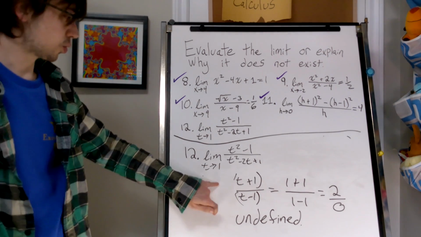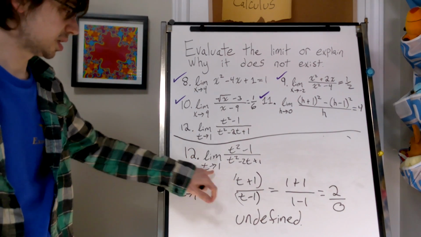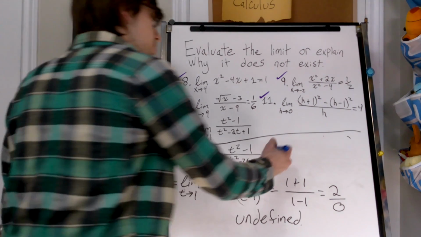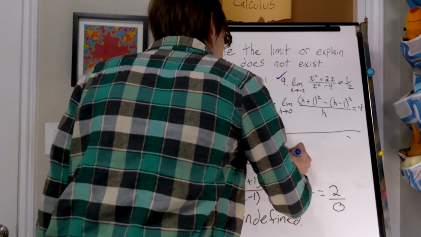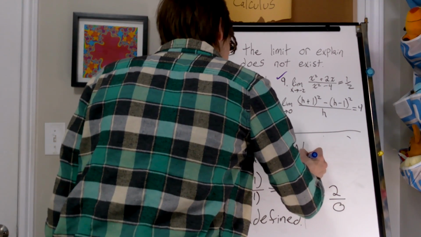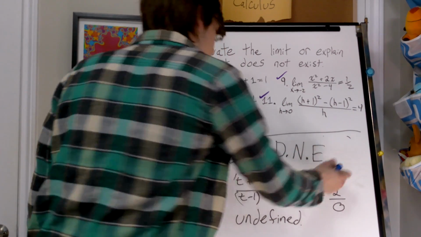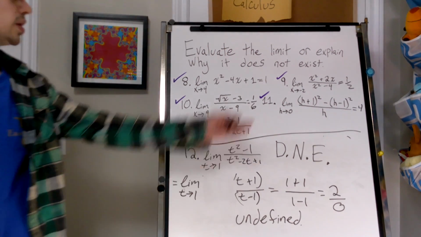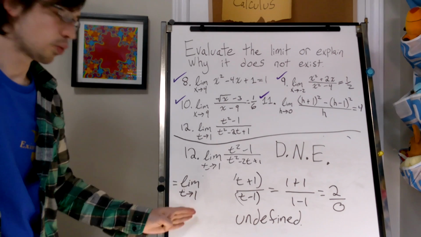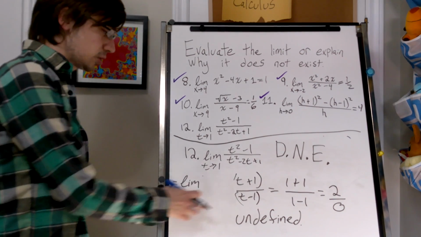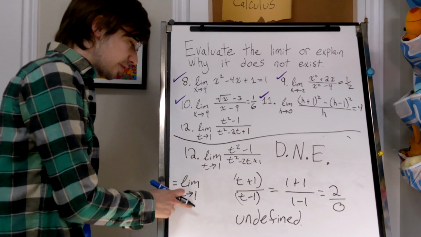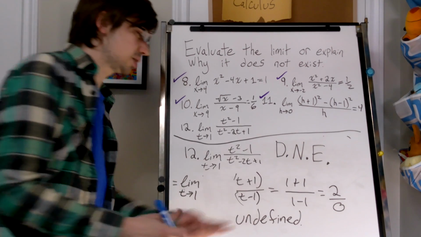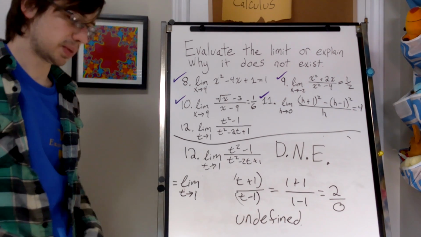So we can say that the limit as t approaches 1 of this function does not exist. And we can explain that by saying, once we've reduced this to the lowest terms, and we plug in the value, we still find that it is absolutely meaningless.